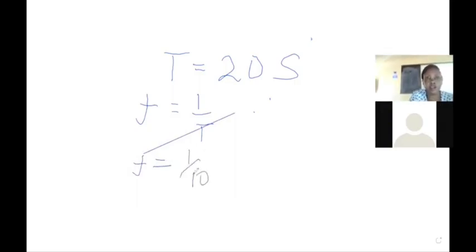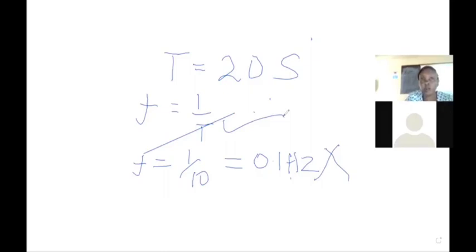That ends up getting 0.1 as the frequency. This question was 4 marks. So the student will get the answer wrong, but will get a mark for the formula. That's 1 mark, because the period was wrong and the calculation was wrong.